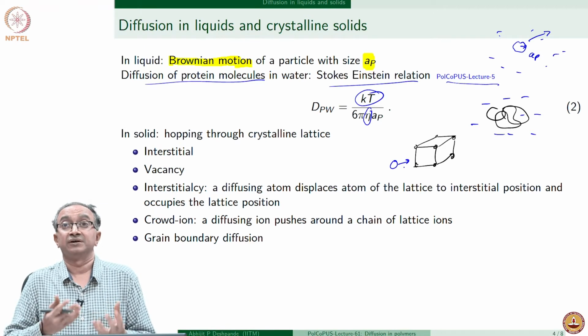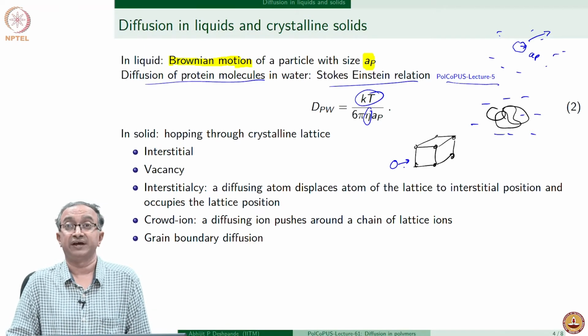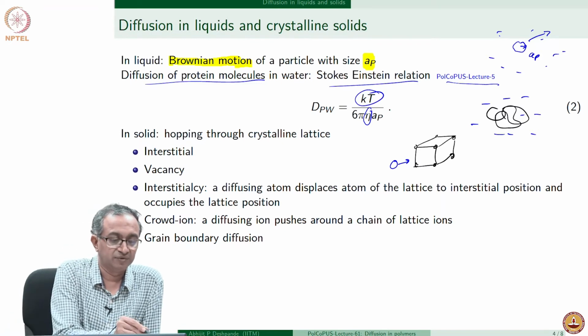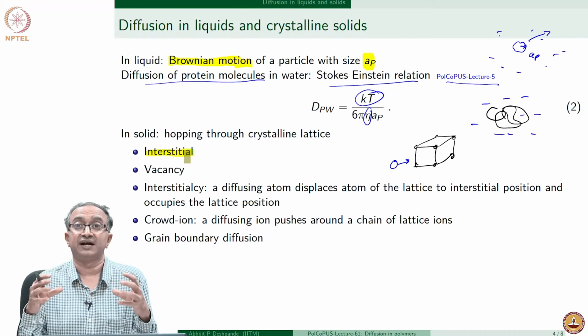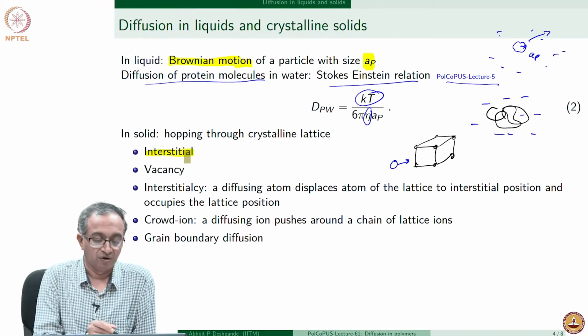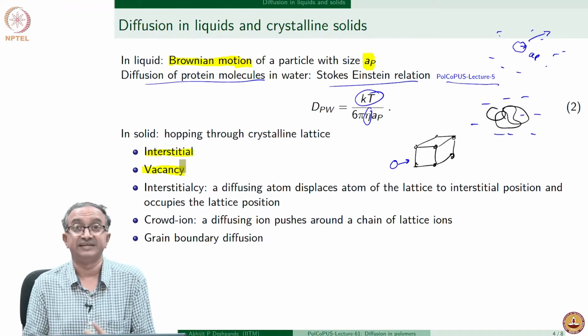What are the possible ways in which such a species can move in a crystalline lattice? It can move only if there are some interstitial spaces between these atoms which are occupying the lattice, or if there are defects such as vacancies.